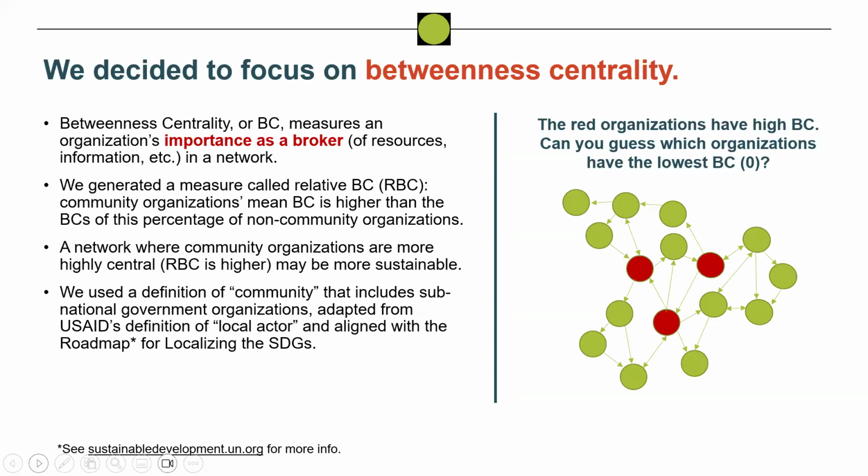This is called relative betweenness centrality. And technically speaking, community organizations' mean betweenness centrality is higher than the betweenness centrality of this percentage of non-community organizations. So it's reflected as a percentage. And again, we were theorizing that networks where community organizations are more highly central are probably also more sustainable.